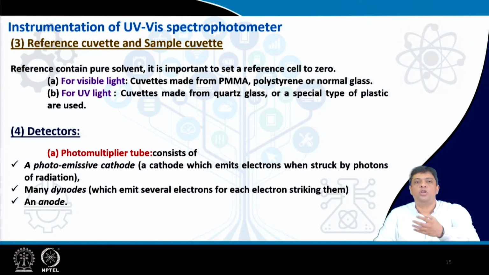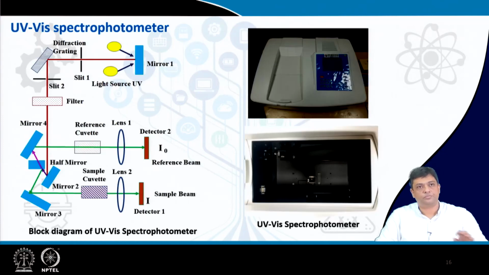Once you have a signal output, you must collect and analyze it. That means you must have a detector, and the detector is a typical photomultiplier tube, which you have studied in many courses. What does it include? There is a photoemissive cathode that absorbs, and then you have the emission of electrons, and then the other components of the photomultiplier tube which you have been studying in earlier classes.